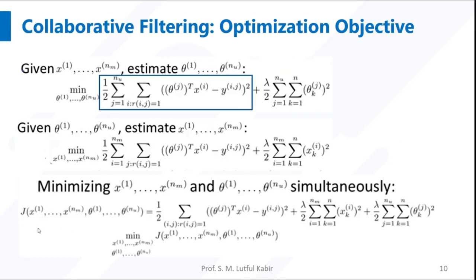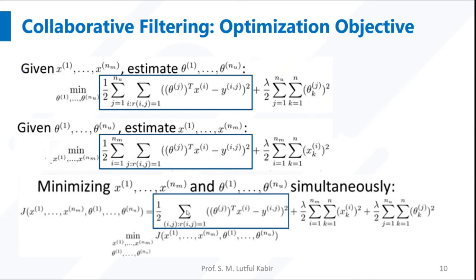The first terms are these two terms, and if you notice, in one case j is varying from 1 to nu, in the other case i is varying from 1 to nm, and the other summation takes all i and all j where r_ij equal to 1. So combining these two, you can have a combined summation over all ij where r_ij equal to 1.